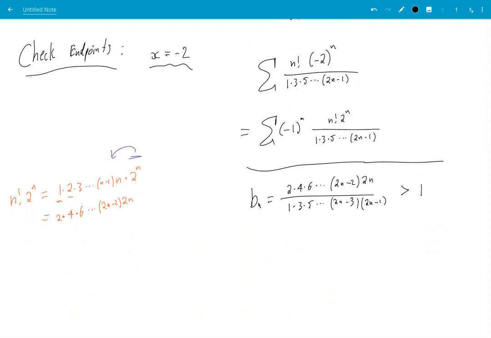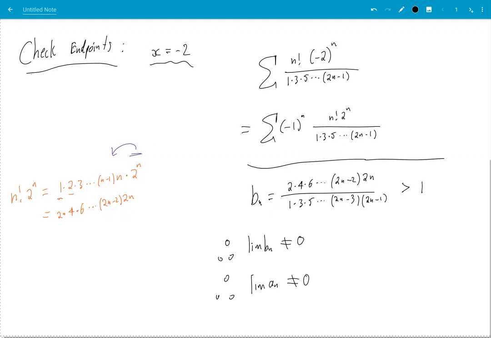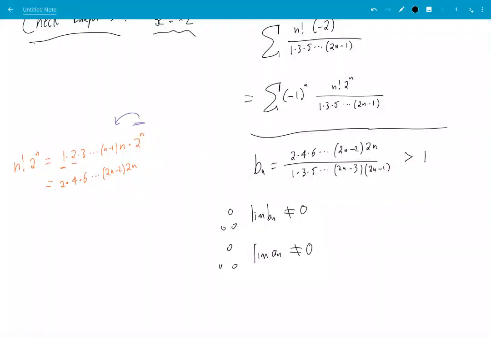It says I should use test for divergence. So therefore, limit Bn is not 0. Therefore, limit of An is not 0. I don't know what it is. It may not even exist, but the point is that it's not 0. Therefore, summation An is divergent by test for divergence.